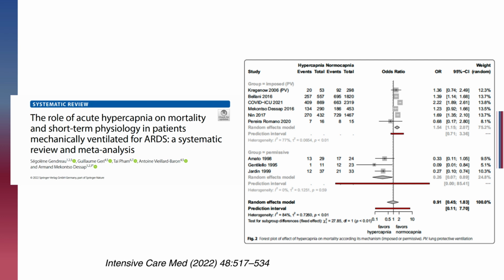So normalizing the CO2 has really got no benefit at all, and we should certainly allow the CO2 to drift, and not normalize it by increasing our ventilatory support, because we're trading that with possibly worsening lung injury.